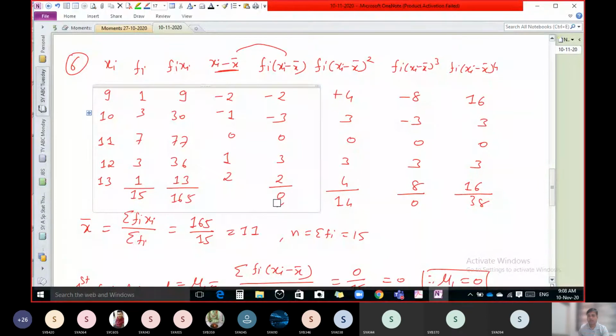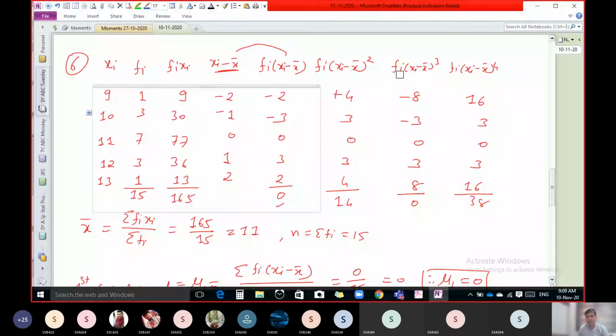Add this, we get 0. Now multiply this with xi minus x bar again. So we get fi into xi minus x bar the whole square. So multiply these two. Minus minus plus 4 plus 3, 0, 3 and 4. We get total 14.